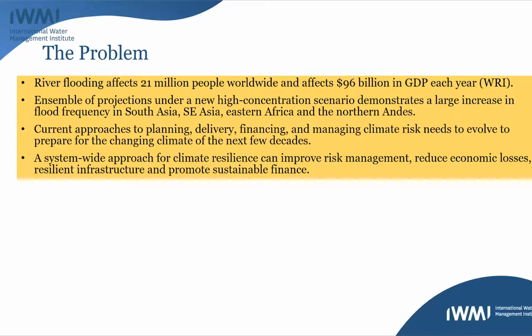While the World Bank and other agencies' financial instruments are supporting countries, it's equally important to look at the future risk. So countries have been working with a lot of global agencies, including IPCC and other global partners, and have come out with scenarios that show, again, not a good sign for South Asia or Southeast Asia, Eastern Africa, and the Northern Andes, that a high concentration of scenarios are expected to happen, which will certainly lead to a higher frequency of flooding.